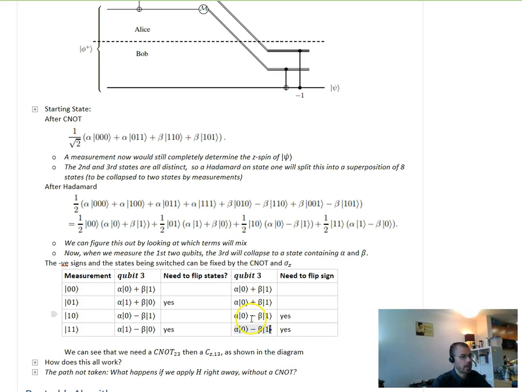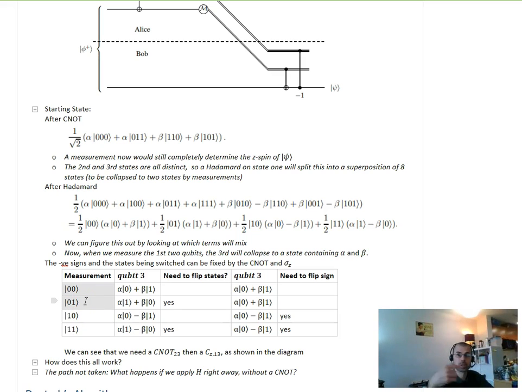Okay, so now we still need to flip this sign, and we know what operator we can do that with, the Pauli Z spin matrix. And we need to do that in a controlled way, right? We don't want to do that here. We do want to do that here. So we look over here and we say, oh, the first qubit is 1 in those two, and the first qubit is 0 here.